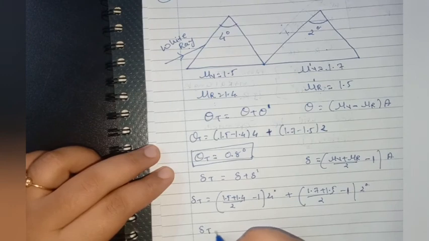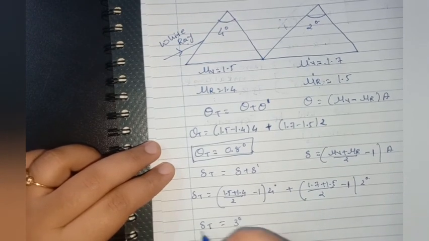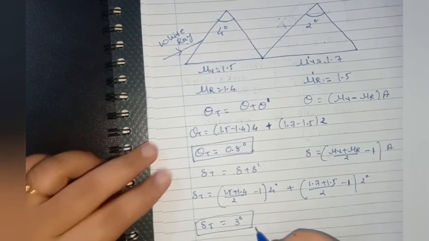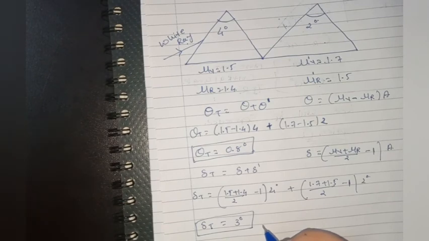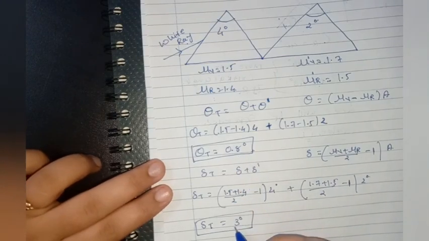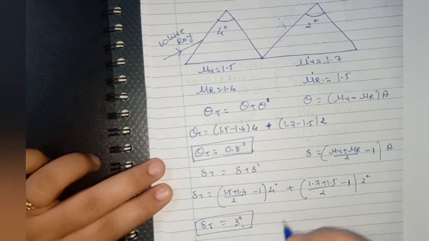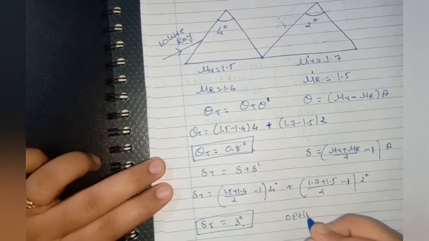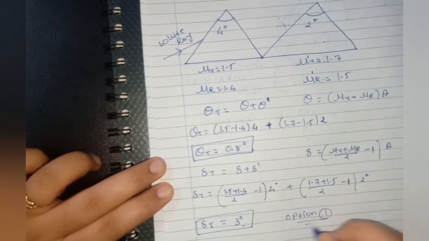Simplify this, we will get delta total is equal to 3 degree. So the total angular dispersion will be 0.8 degree and total deviation suffered by the white light will be 3 degree. So option 1 is correct option.